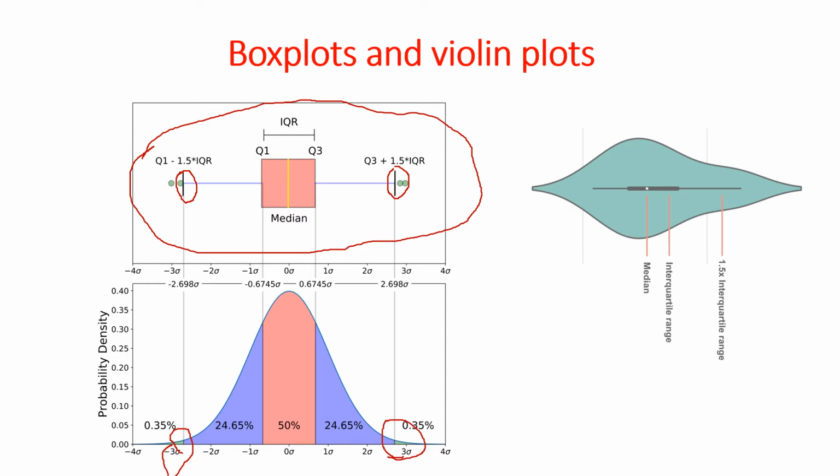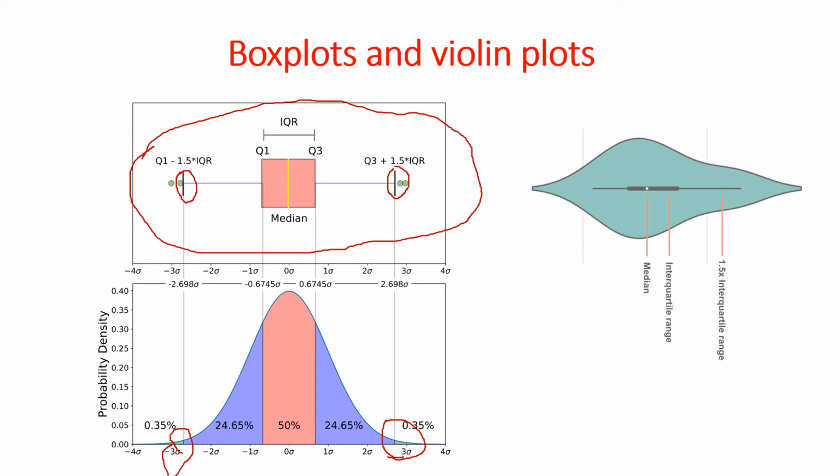And one good property of a box plot is that it will give you information about outliers. So anything which goes beyond these extreme lines, the one here and the one here, look at these green dots here.